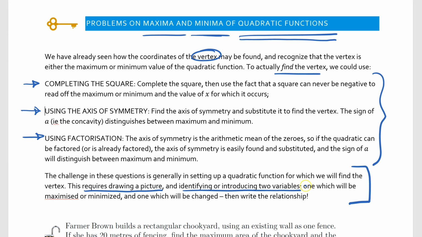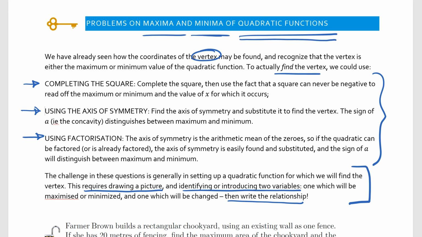That may require two equations and a little bit of simultaneous solution, and eventually writing the quadratic, which may require a little bit of algebra. Once we have the quadratic in terms of one variable, finding the maximum or minimum by finding the axis of symmetry should be a piece of cake.